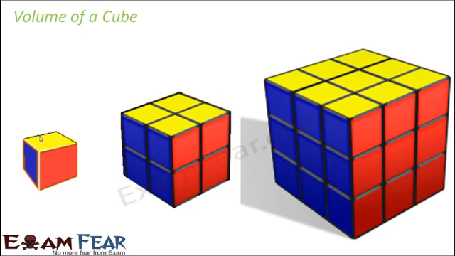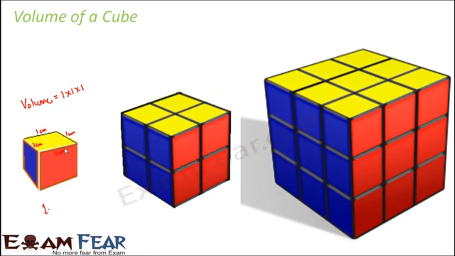Let's take this example. In the first scenario we have just one cube, and let's say that the length of each side of this cube is 1 centimeter. In a cube, all sides are equal, so each of these sides measures 1 centimeter. What would be the volume of this cube? Volume is side into side into side.